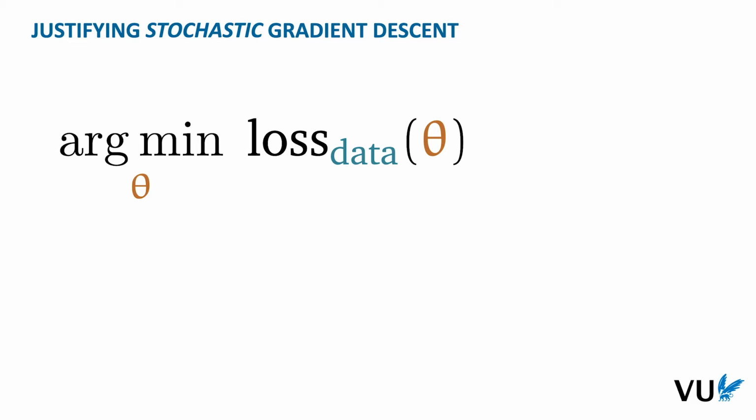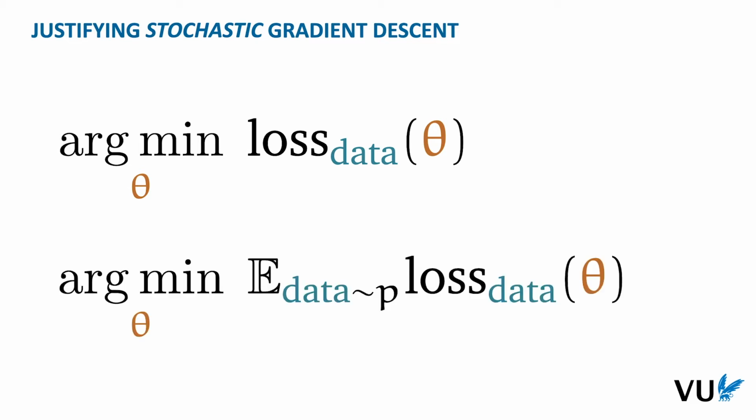One solution to this problem is to phrase the minimization objective in terms of an expectation. So we see the data as being generated by a probability distribution, so that the data is now a random variable. And under that probability distribution, we take the expectation of the loss for the data.